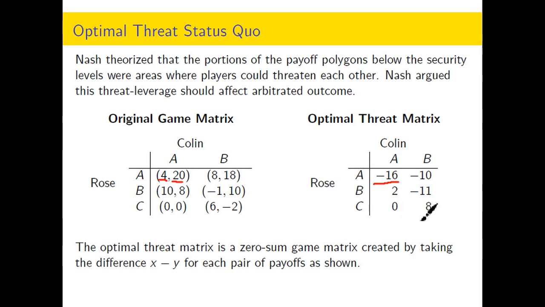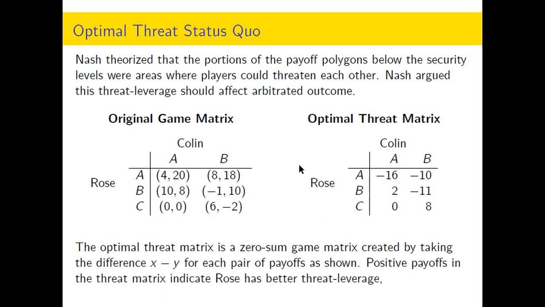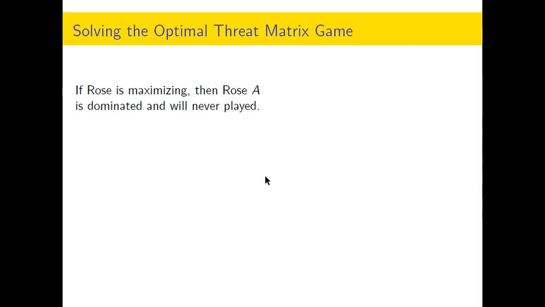Well, look at something that's strongly positive. When it's strongly positive, that's a threat for Rose, right? Rose can do okay at 6 and really hurt Colin. So positive values in the optimal threat matrix are beneficial to Rose, whereas negative values are beneficial to Colin.